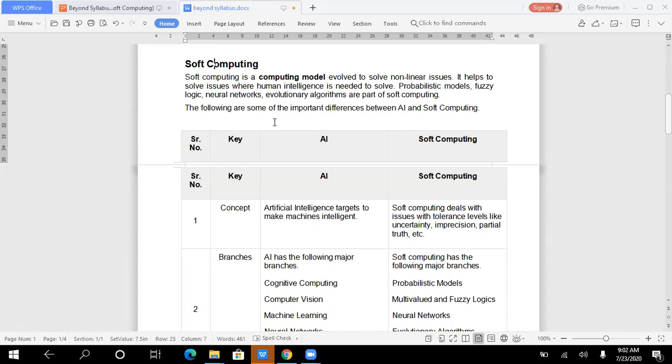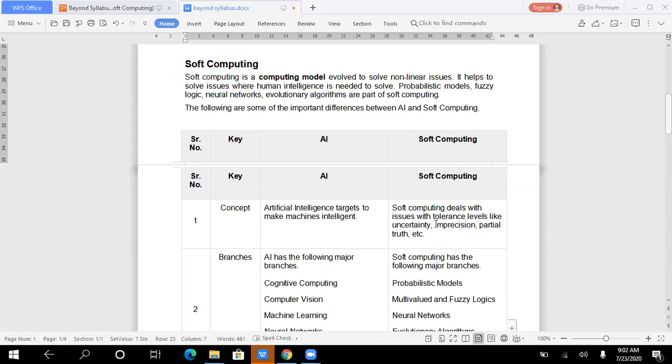Now, what is the concept behind AI and soft computing? The concept of AI is that it targets making machines intelligent, while soft computing targets dealing with issues with tolerance levels, like uncertainty, as I told you, where the output is not certain, imprecision, where it is not precise, and partial truth. Partial truth means we do not have an exact answer that is either true or false; it lies somewhere in between.